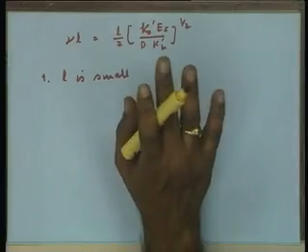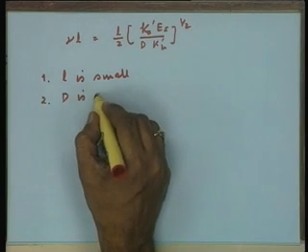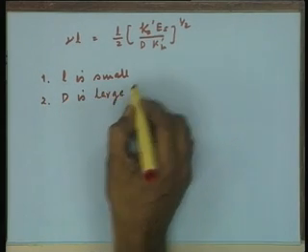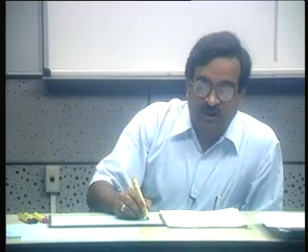So under that condition there will be no diffusion control. Second, D is large. If the rate of diffusion or molecular diffusivity is very high, gamma L will also be small, and therefore there will also be no diffusion control.